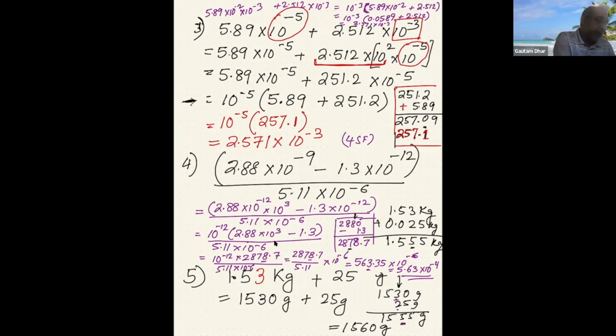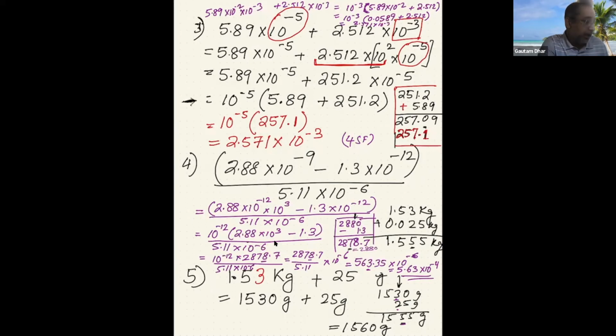So this is actually equal to 2880. So basically I did nothing because of the error. And that is what I wrote there in the parentheses.